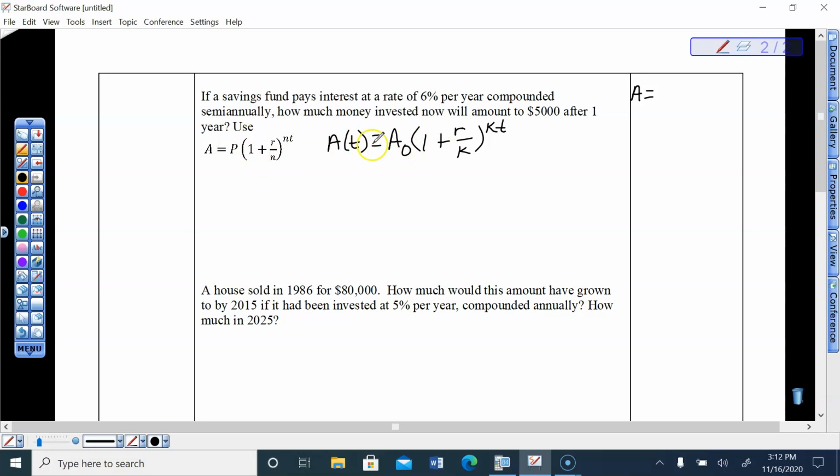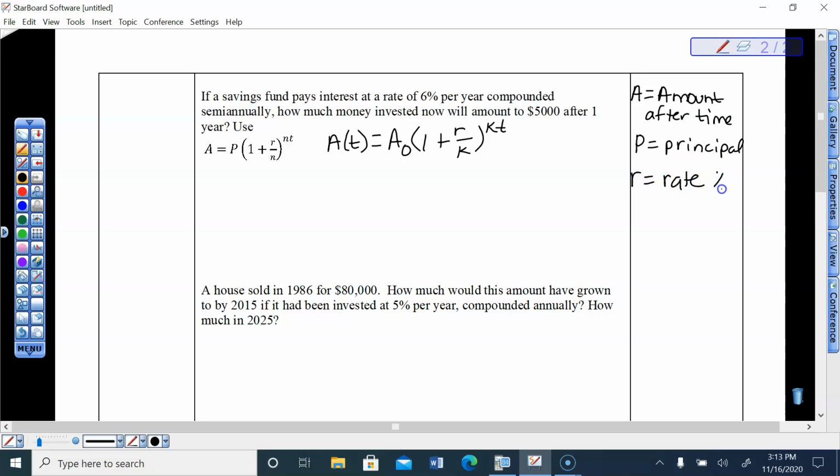So you can see this formula come in two different forms. Actually, there's even more forms than that, I'm sure. But this is the amount after time has passed, okay? P is your principal. It is your initial amount, your starting amount. R is your rate.